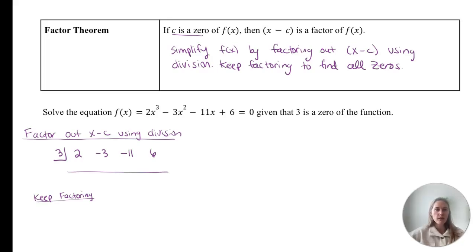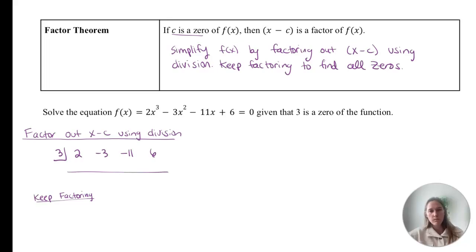Okay, we have one more example to do, and this is using what's called the factor theorem. So if c is a 0 of f of x, or a polynomial, then x minus c is a factor. That is a fancy way to say if you can factor something out, it'll be a 0.